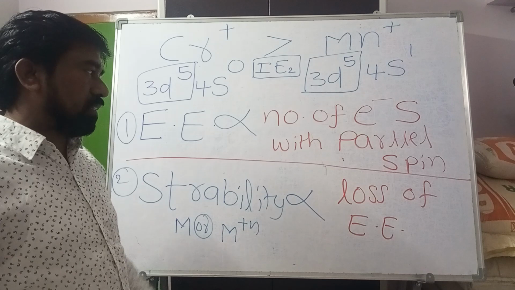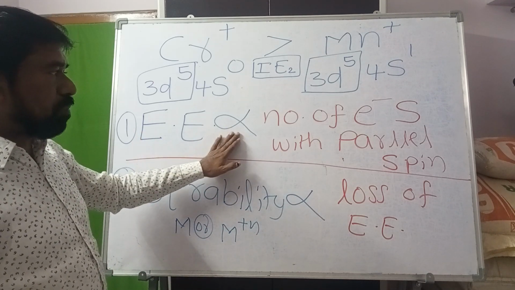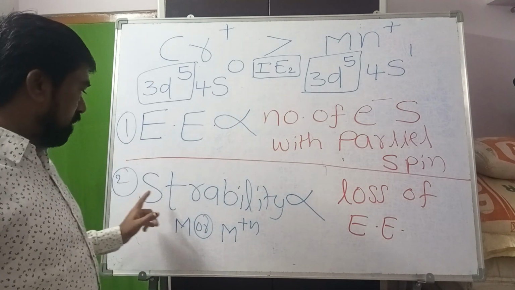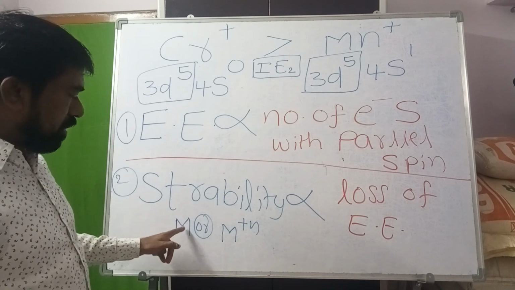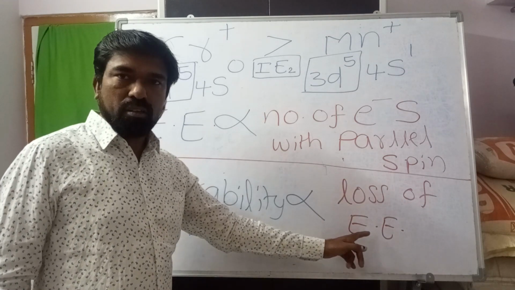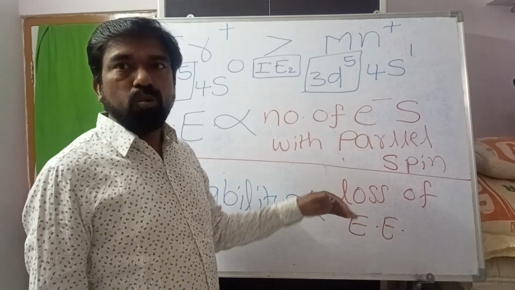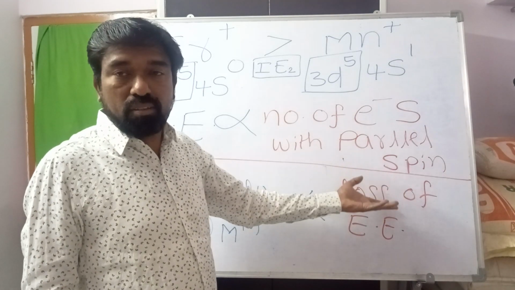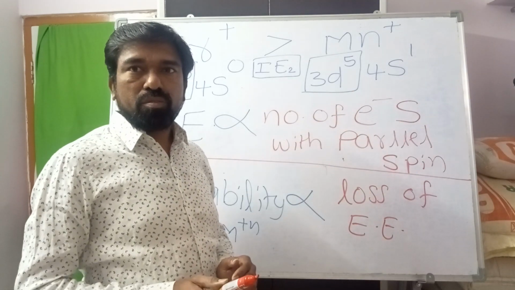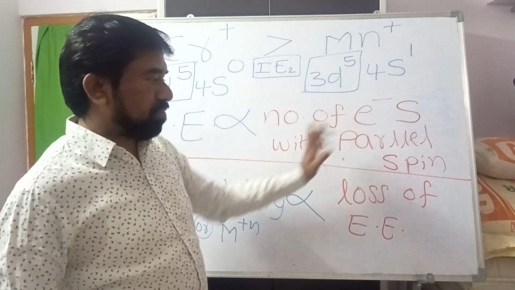First, exchange energy is directly proportional to the number of electrons with parallel spin. Second, the stability of any metal or metal ion is directly proportional to the loss of exchange energy. If a metal or metal ion loses more exchange energy, it is more stable. If it loses less exchange energy, it is less stable.